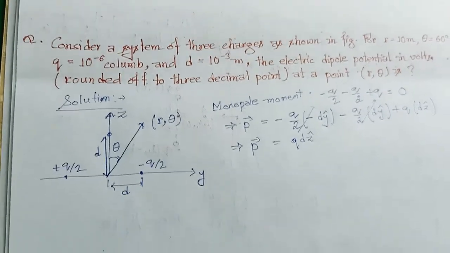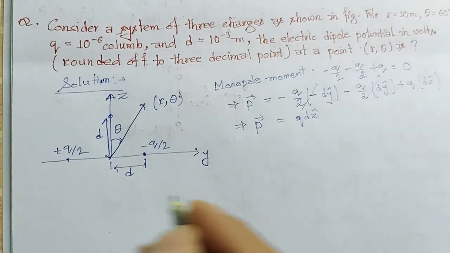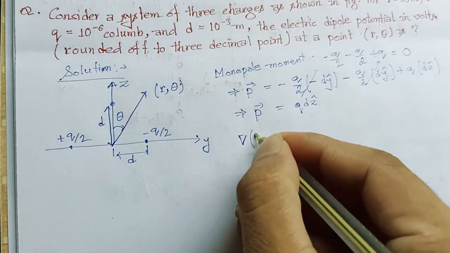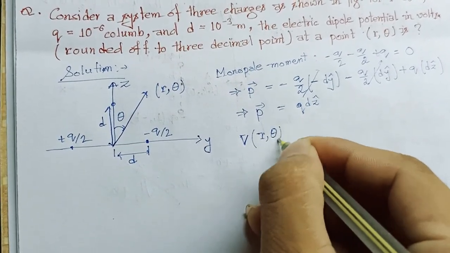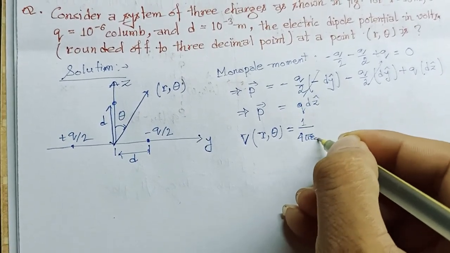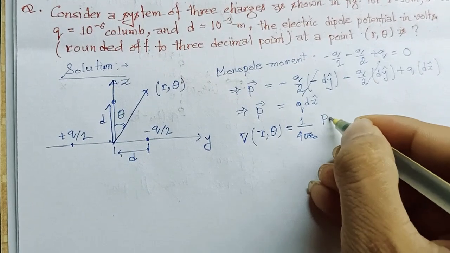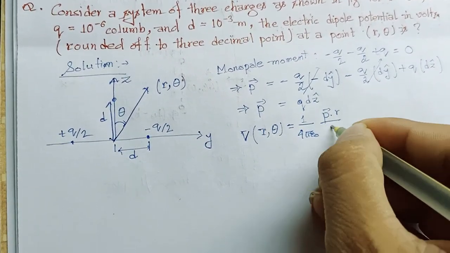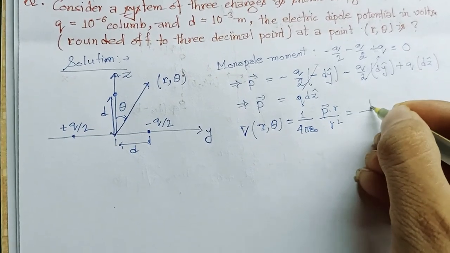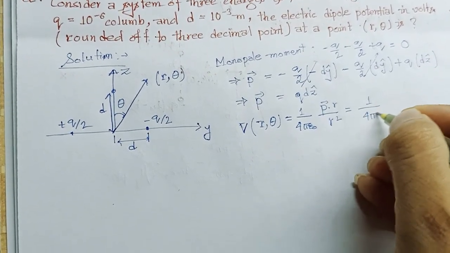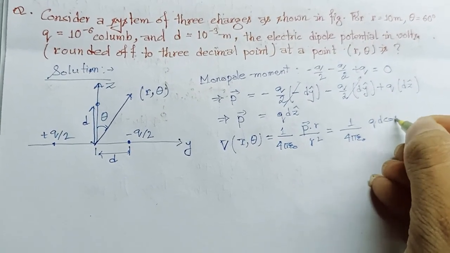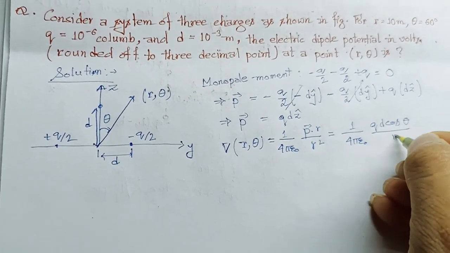So the potential at a point with polar coordinates r, theta, V(r, theta), will be equal to 1 divided by 4 pi epsilon naught into p dot r cap divided by r square, which is equal to 1 divided by 4 pi epsilon naught into qd cos theta divided by r square.